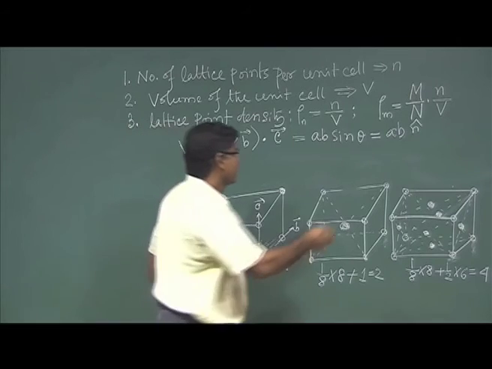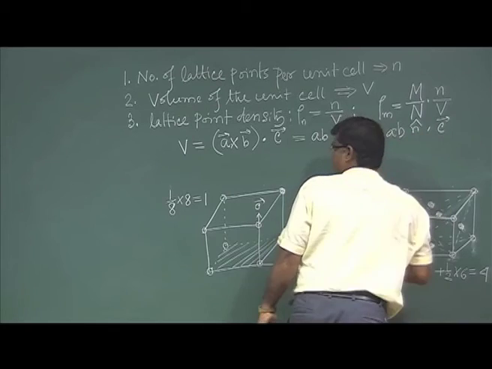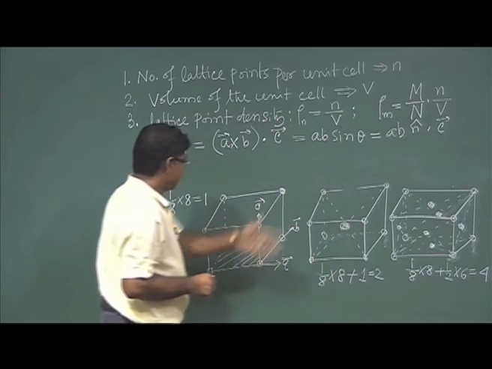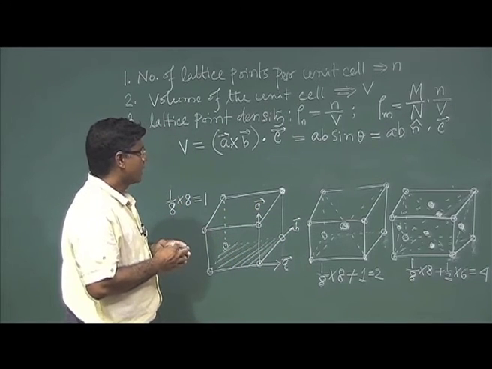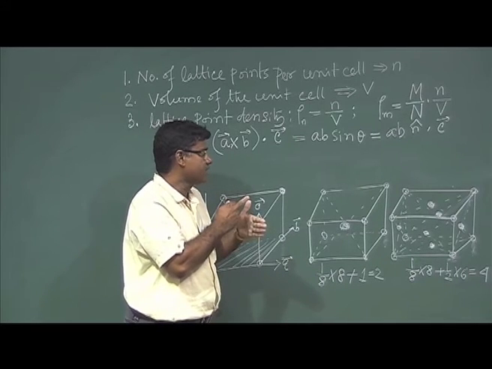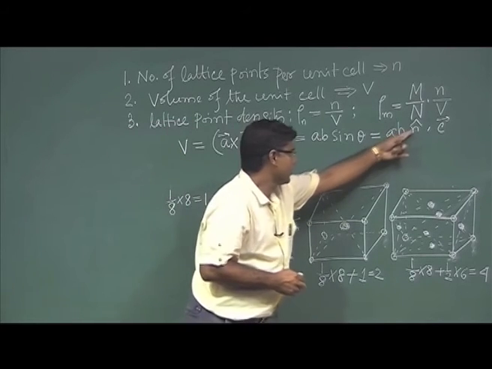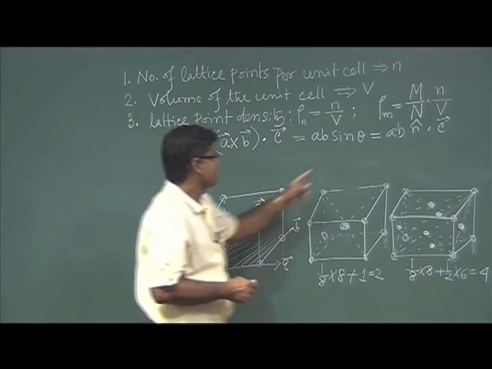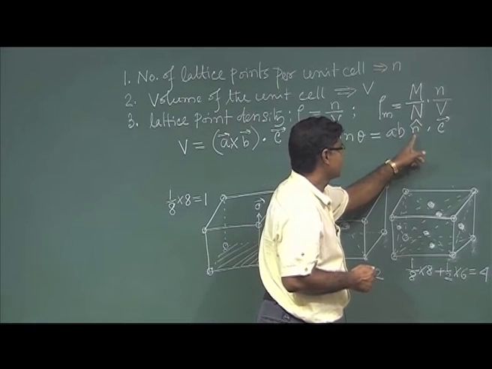In the cubic or orthogonal system, all three axes are mutually perpendicular to each other. So this n is basically the c direction, the unit vector towards c.